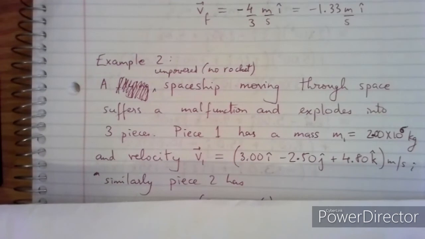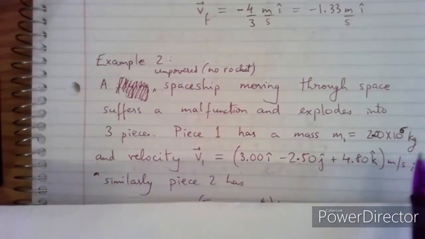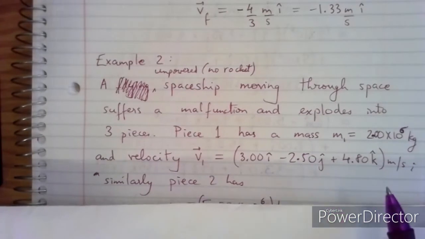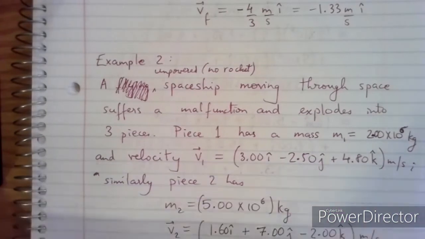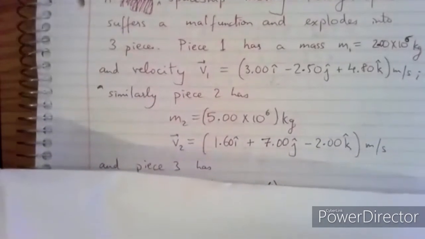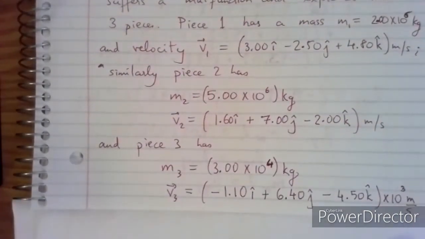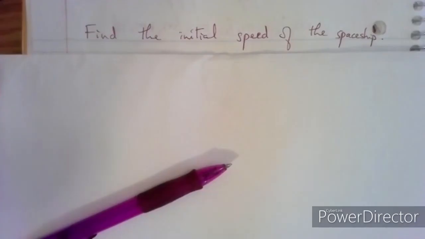Piece one has a mass of 2 times 10 to the 6 kilograms and a velocity of 3 i hat minus 2.5 j hat plus 4.8 k hat meters per second. And similarly, we have the information for pieces 2 and 3. I'll just pause here a moment so you can look at the information. The question is to find the initial speed of the spaceship.